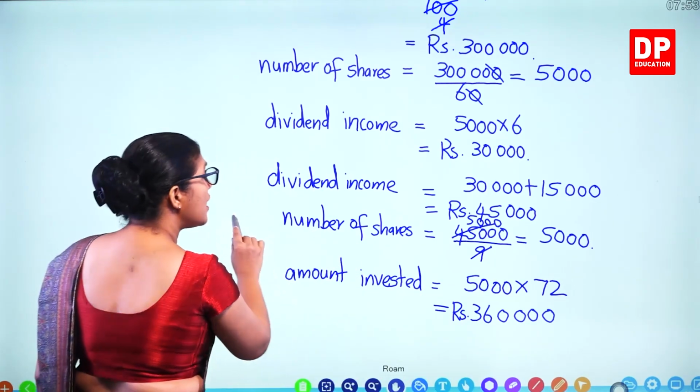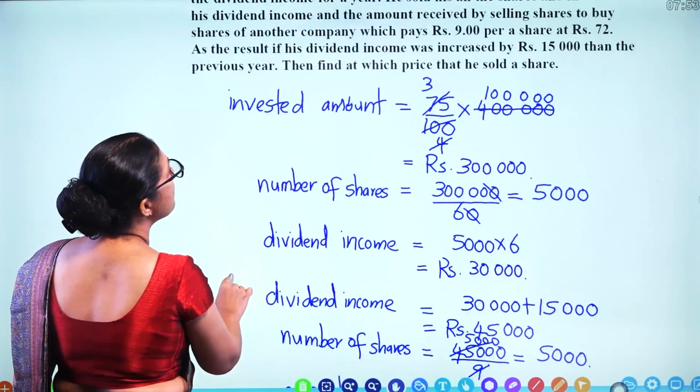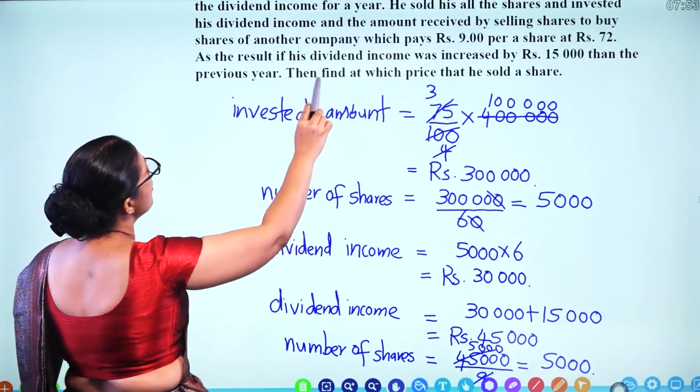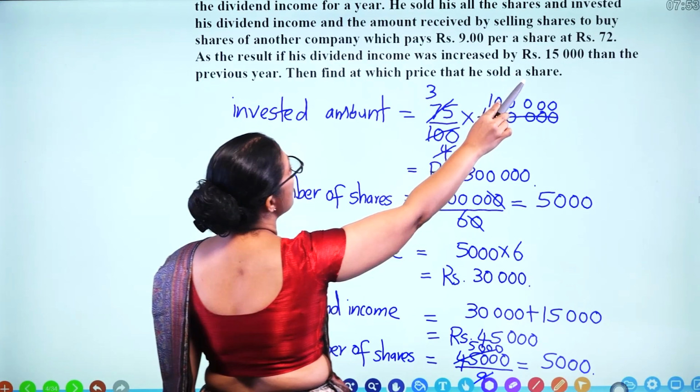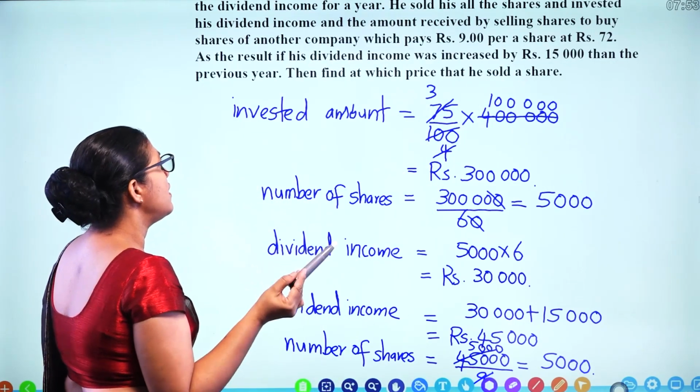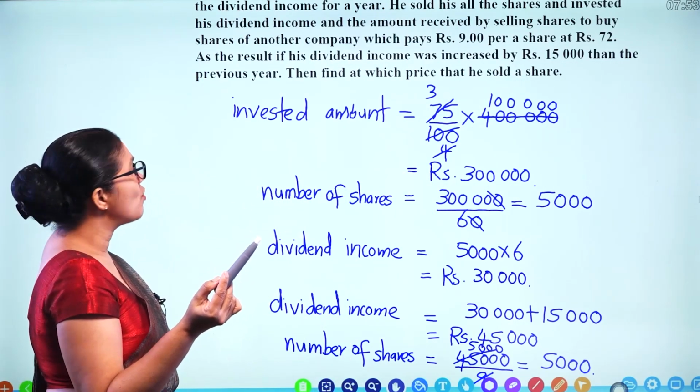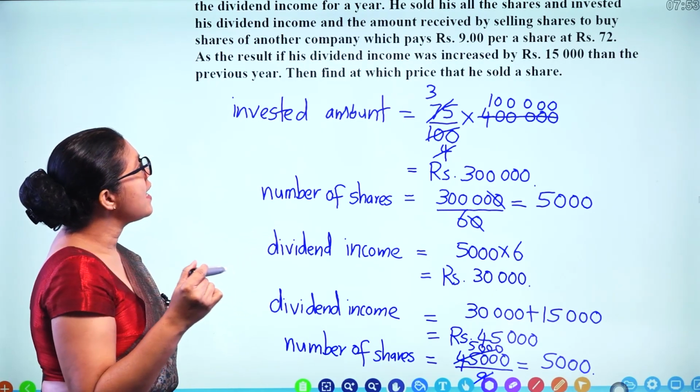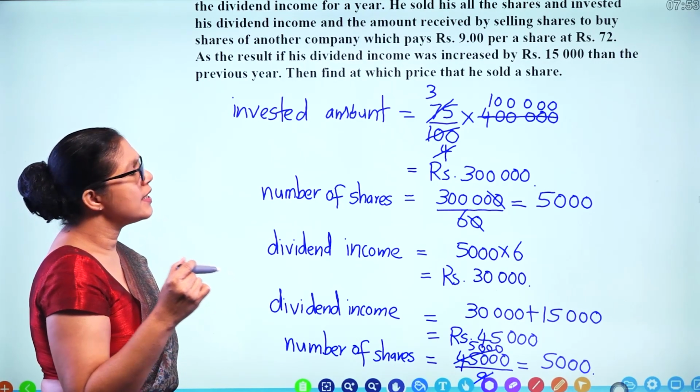Now what's the question? We did up to here: the company pays 9 per share at 72. As a result, if dividend income was increased by 15,000 over the previous year, then find the price at which he sold a share.